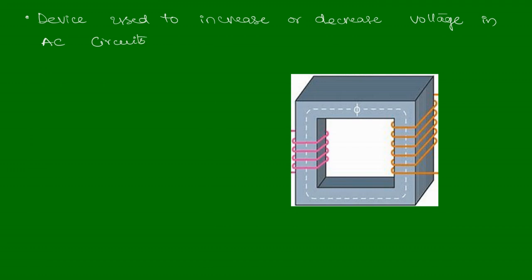So the basic circuit will be like this. We'll have one circuit, that is a primary circuit. This first part will have the primary circuit where we'll connect our AC source, where we'll apply input voltage, and here N1 is the number of turns in the primary.